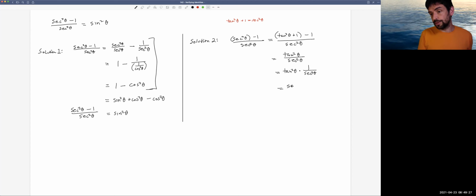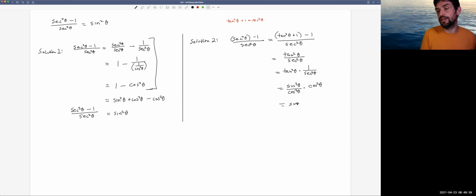And tangent squared, we know, is sine squared theta over cosine squared theta. And we just said this one is equal to cosine squared theta. And so those cosine squared thetas cancel. We end up with sine squared theta equal to secant squared theta minus 1 over secant squared theta.